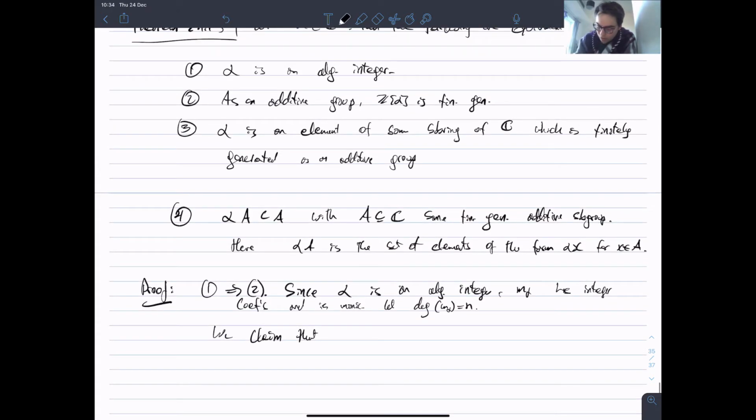I'm trying to do 1 implies 2, so I'm going to claim that I know what a basis for Z[alpha] is. If I have a finite basis, then it's finitely generated. My claim is that 1, alpha, up to alpha to the n minus 1 is a basis.